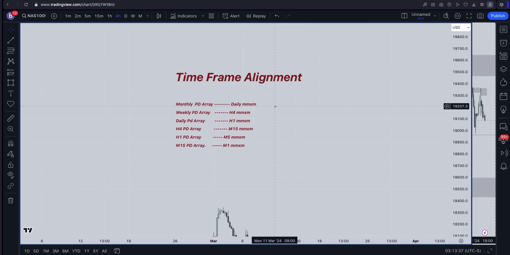That's for those who don't understand what PDRA is, because for me to explain PDRA, I have to make a separate video for it. I like making it for everybody to understand. So those monthly order blocks, fair value gaps, key levels.